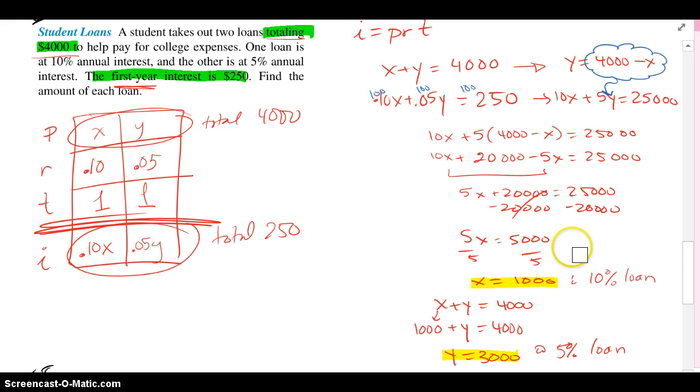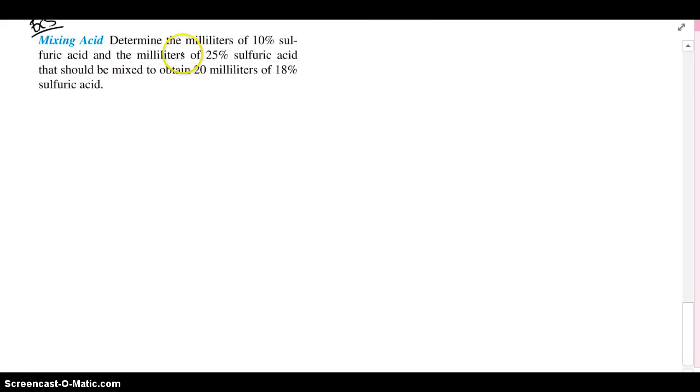So 1,000 was the 10% interest loan, and 3,000 was the 5% interest loan, totaling 4,000.